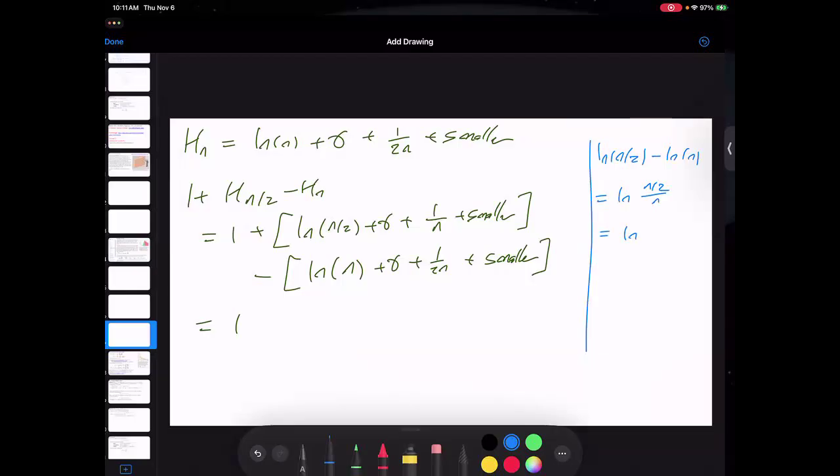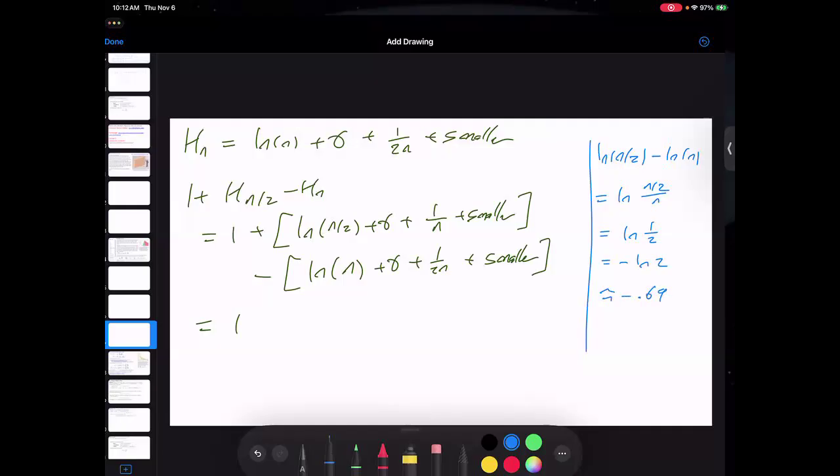So it's the natural log of 1/2, not 2. The difference of the natural logs is the natural log of the quotient. And so this is just going to be negative natural log of 2. And natural log of 2 is about 0.69. So this is about negative 0.69.